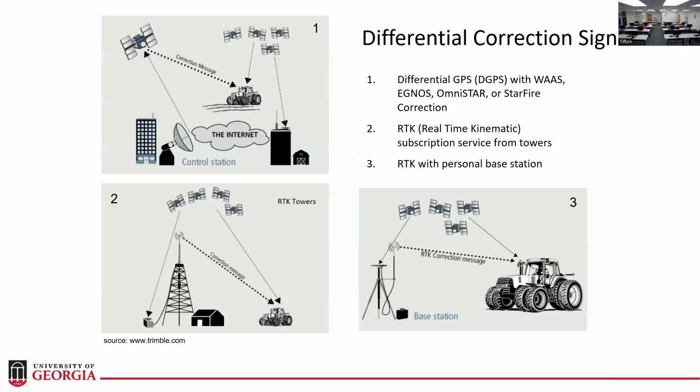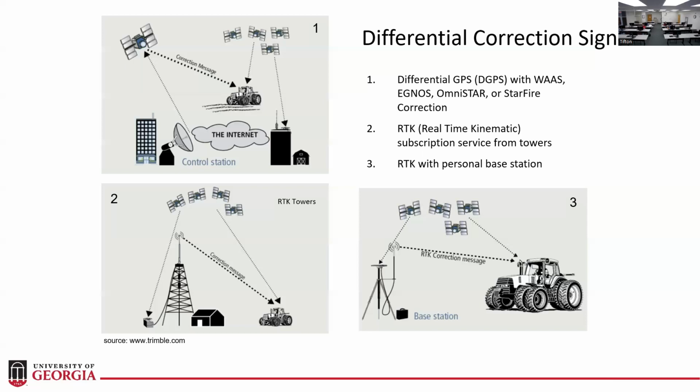And RTK is also able to capture more frequencies. So that's why the correction from RTK is more accurate. It's basically because the equations and the frequencies that are used are higher and better than DGPS, which is free.